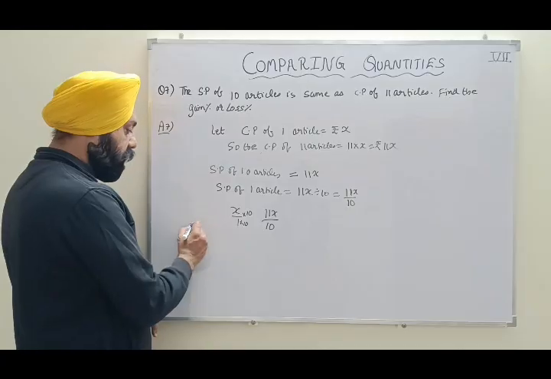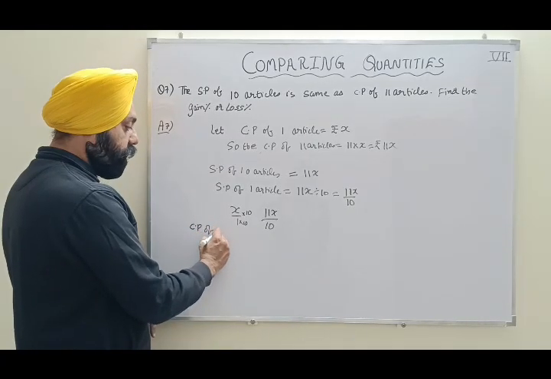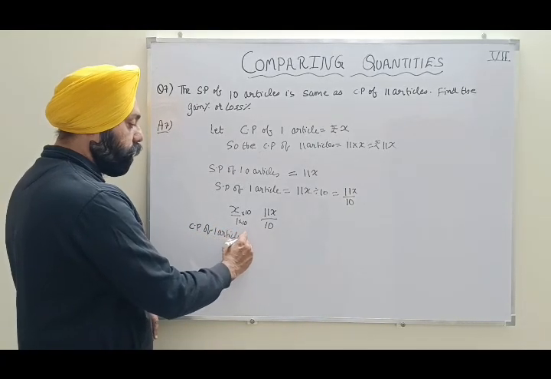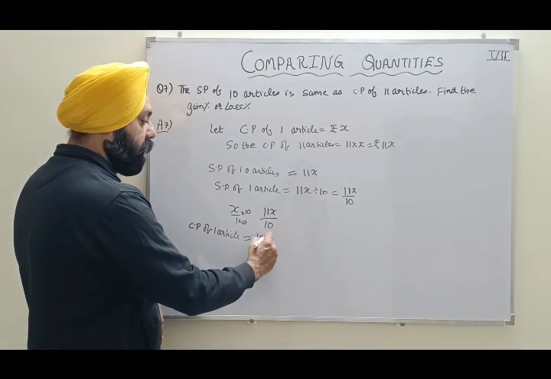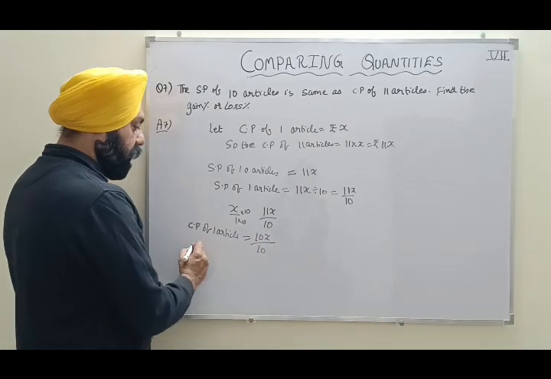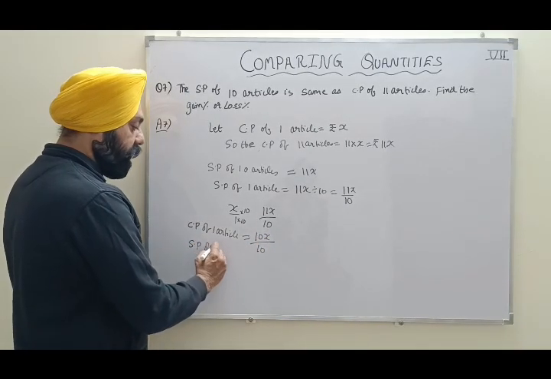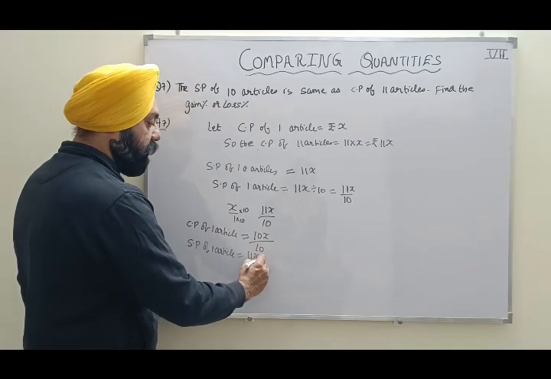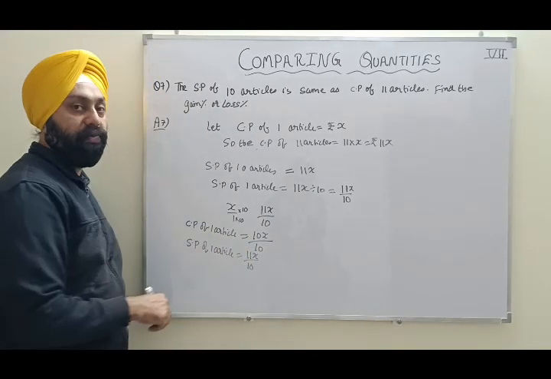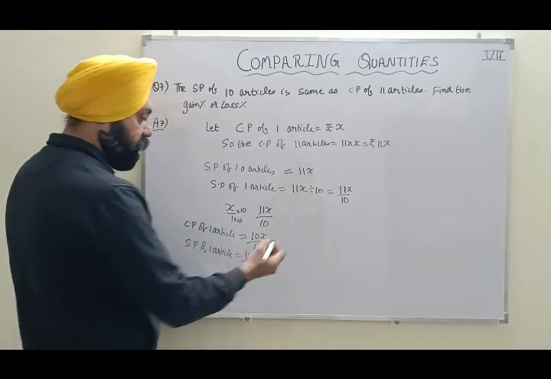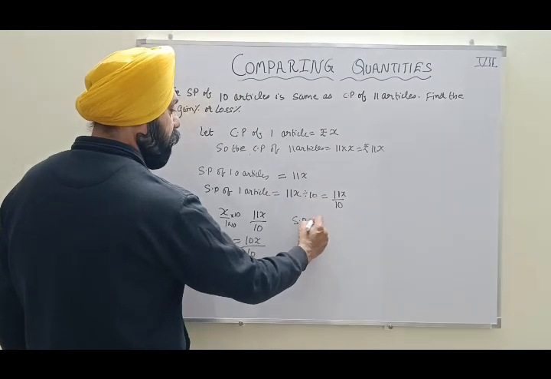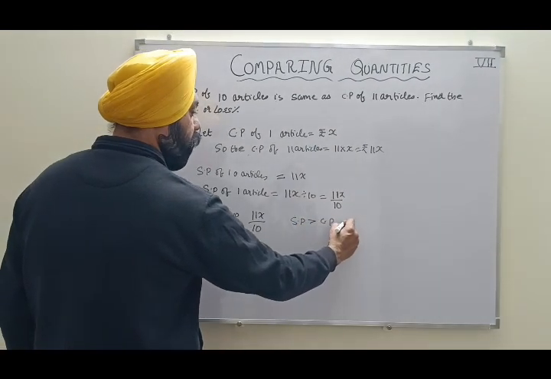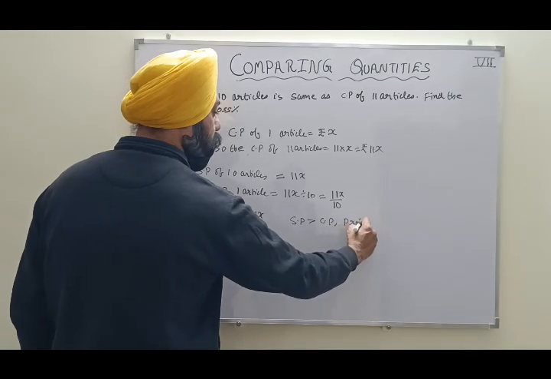So it will give the cost price of one article as 10X by 10 and the SP of one article as 11X by 10. Now you can compare because these are like fractions. So SP is greater than CP, therefore we have a profit.